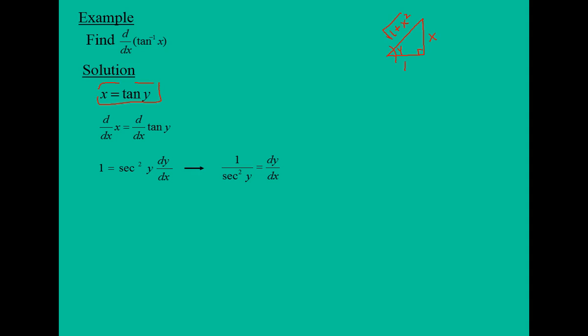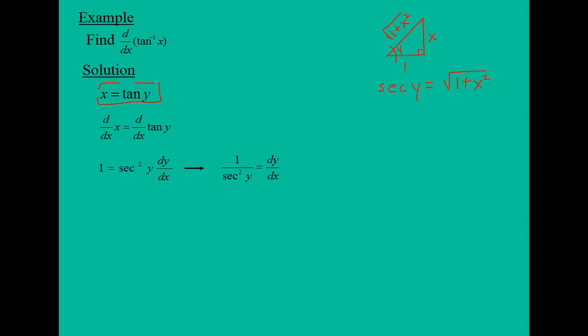And then we could go back to our triangle and say, well, we need the secant of angle y. And the secant of an angle, which is the reciprocal of the cosine, would be the hypotenuse over the adjacent.